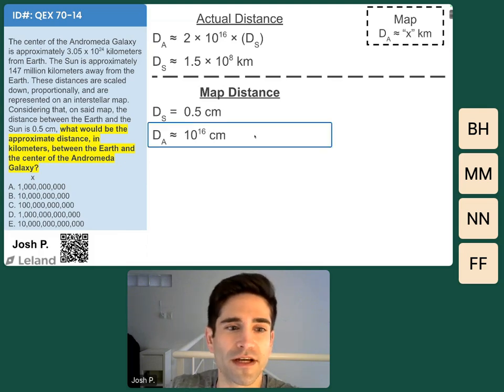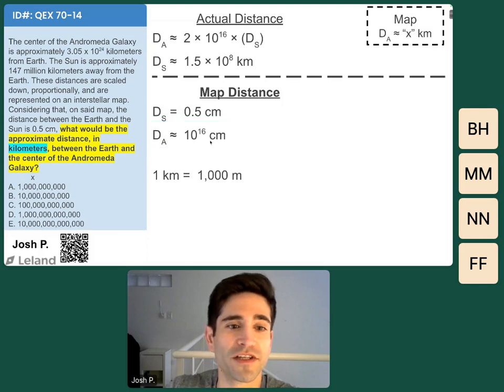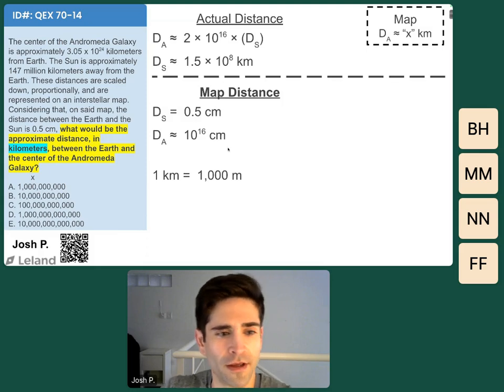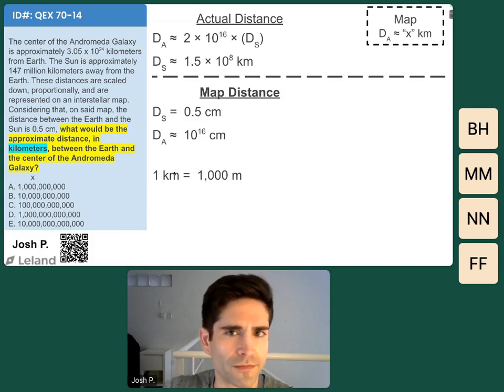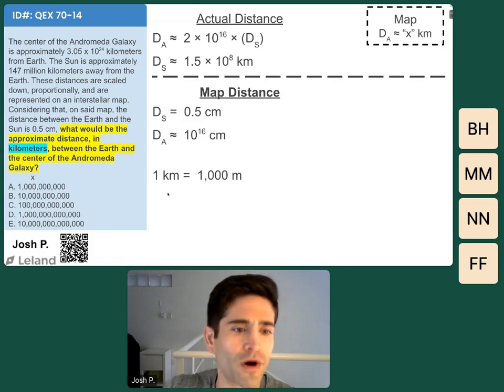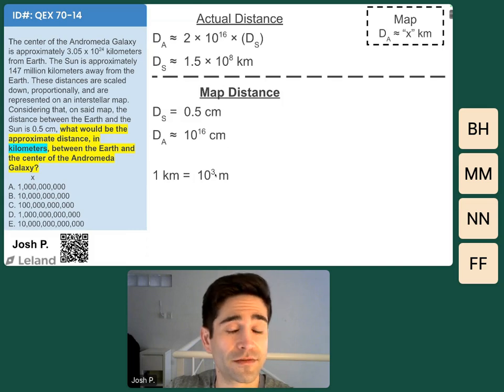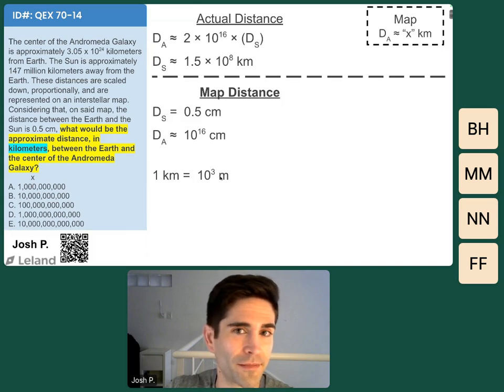But we're being asked in kilometers. So we must be able to translate this into kilometers. Let's be organized. It's getting us to good results so far. Let's continue to be organized. So 1 kilometer is 1,000 meters. So 1 kilometer is 10 to the 3 meters.